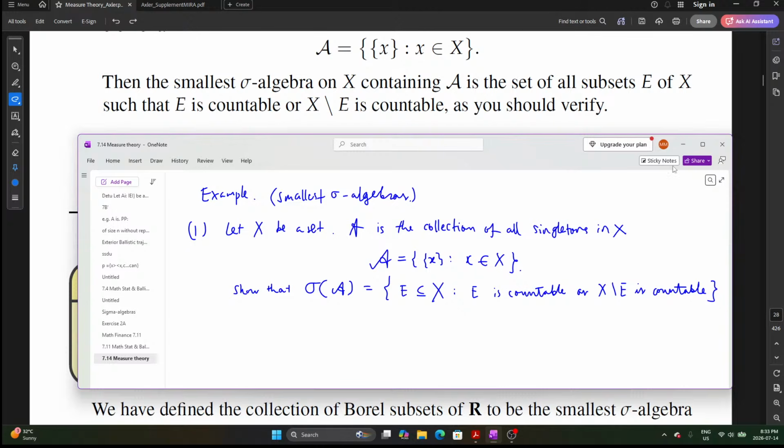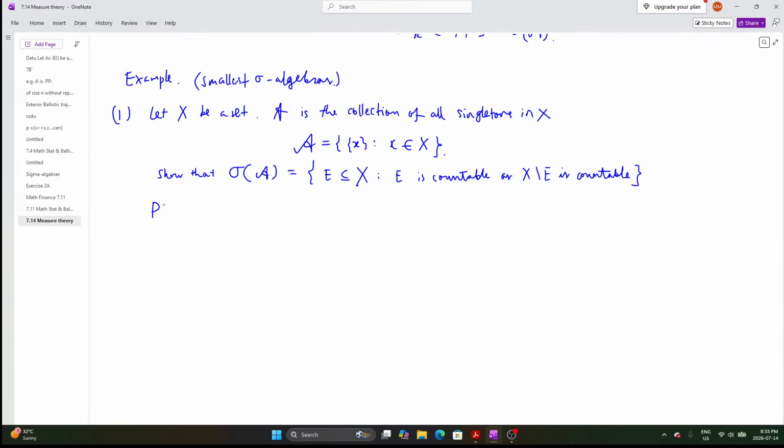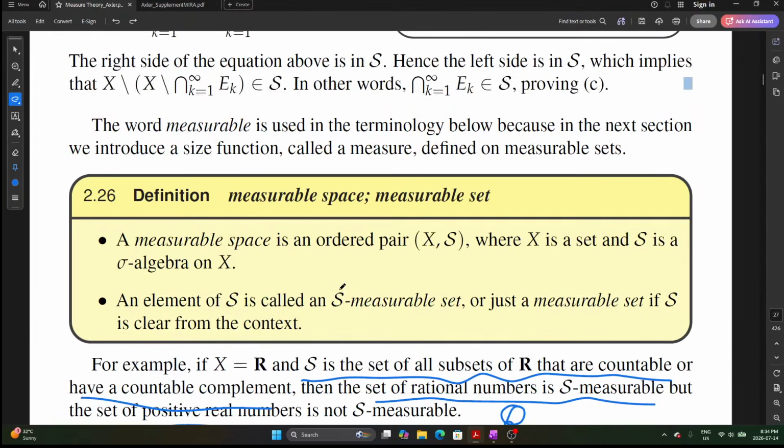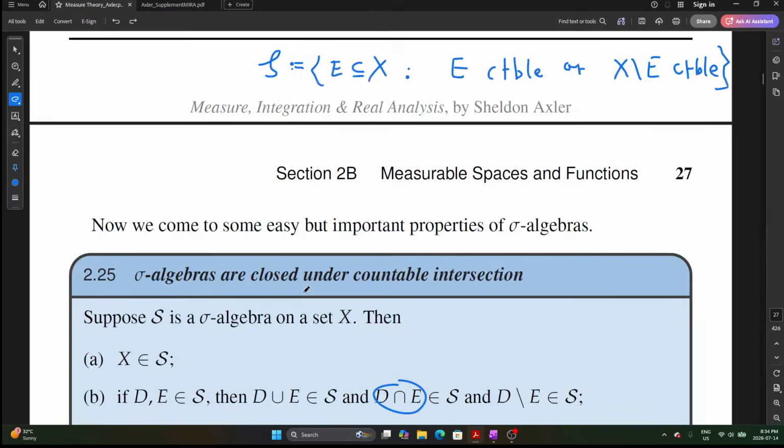So yeah, this is an interesting exercise. Well, we know the right-hand side is a sigma algebra. Let's just give it a name. Okay, call it scripted S. So scripted S is already known to be a sigma algebra. Okay, let's just quote the relevant number so that we don't get confused later when we read our own notes.